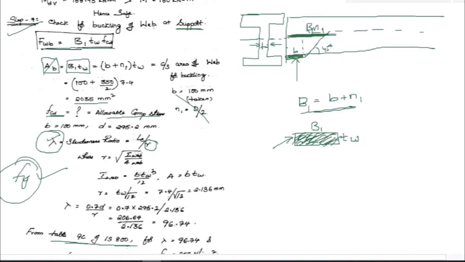So let me show you here. Lambda, slenderness ratio, is effective length by r. You know that. Here r is not the radius of gyration of the entire I section. You have to put the radius of gyration of the cross sectional area which is influencing the buckling strength of the web.